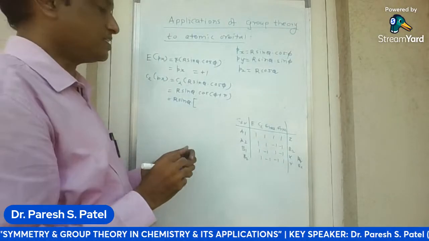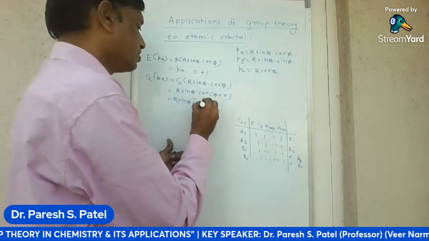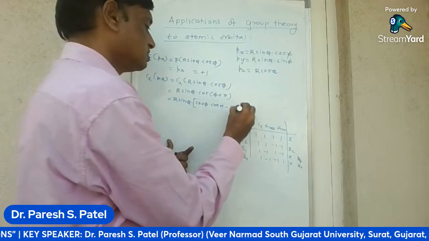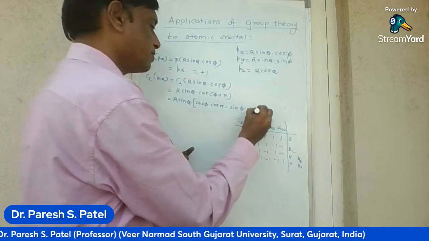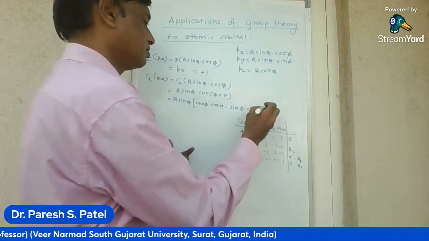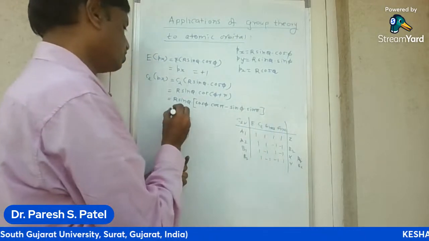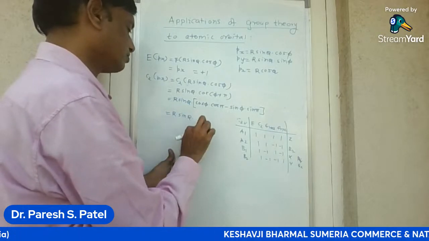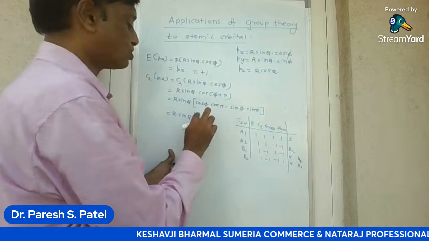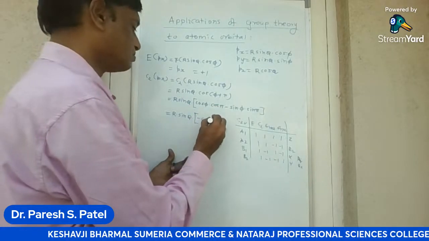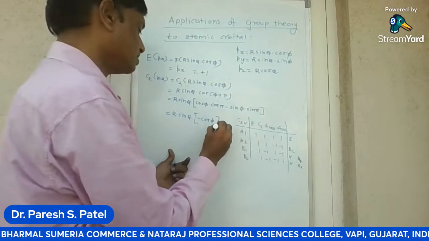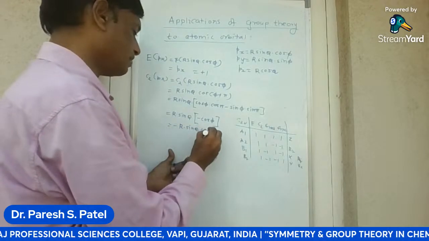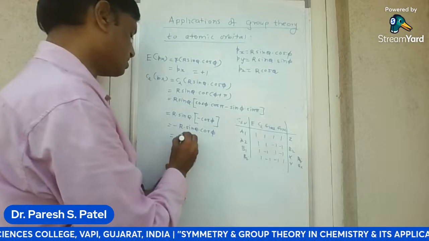Cos A plus B is equal to cos A cos B minus sin A sin B. The value of cos pi is equal to minus 1 and sin pi is equal to 0, so this is equal to minus R sin theta cos phi, which is equal to minus Px.